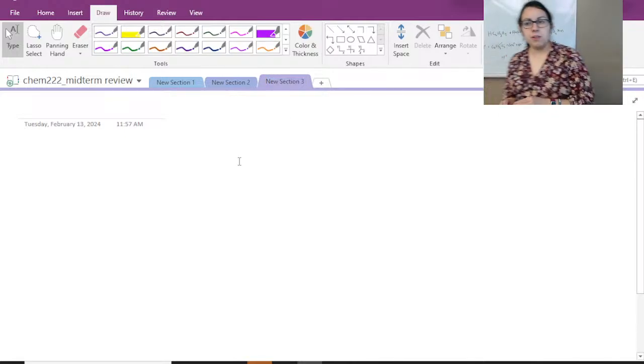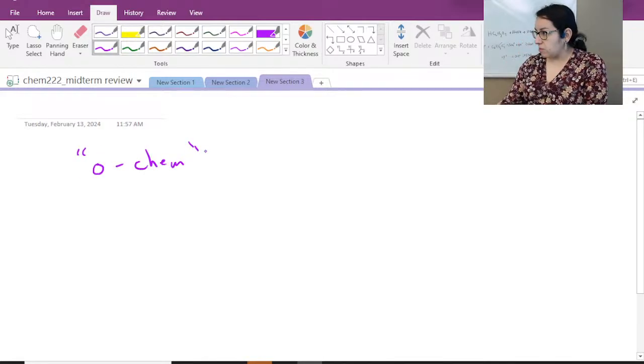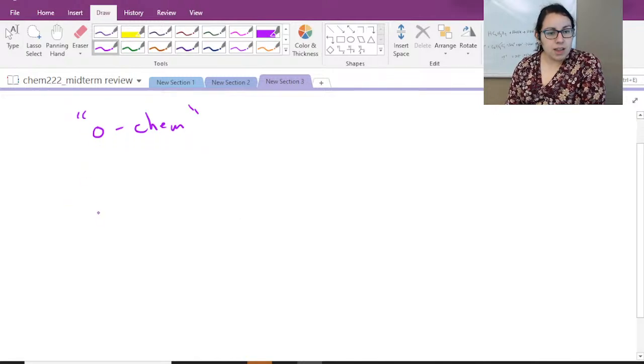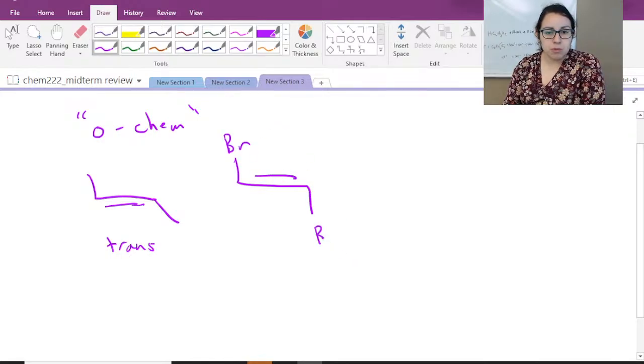So we have a few different cis isomers, right? We can either have what I call our OChem cis and trans isomers. That's just any of these double bonded structures generally. This would be a trans isomer where they're on opposite sides, the main group. In this case, I drew it as a methyl, right? You could also draw something like bromine and bromine.